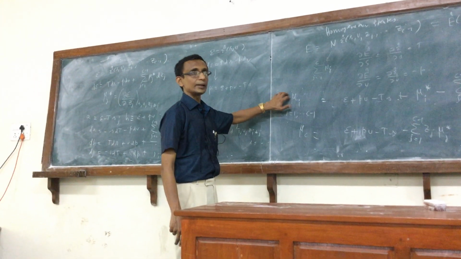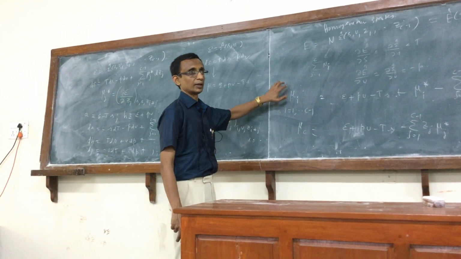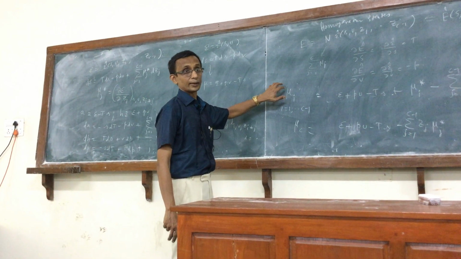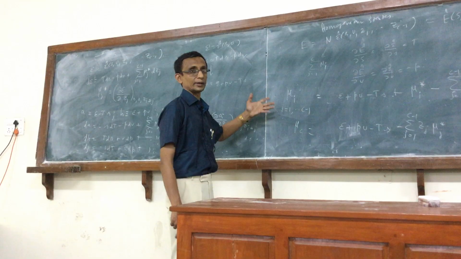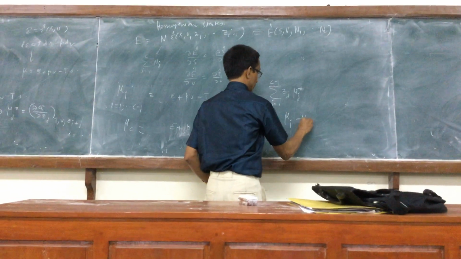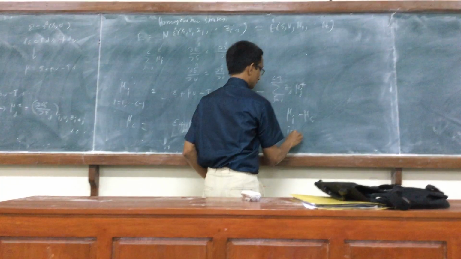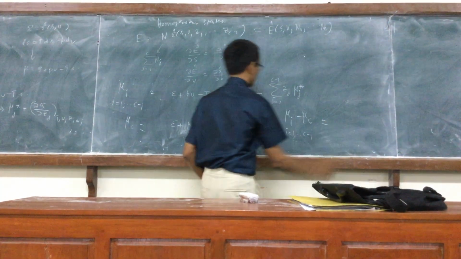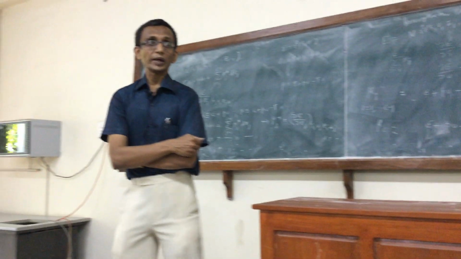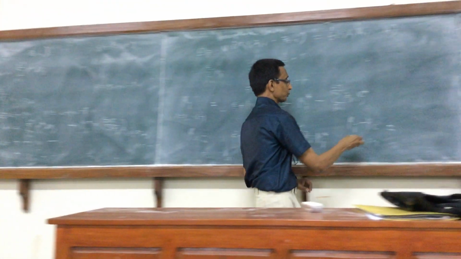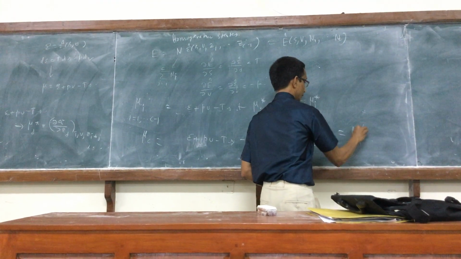So I can take any one of the C minus 1 chemical potentials. That's very important. If you take the C chemical potential minus mu C is 0. So mu i minus mu C, for i equal to 1 to C minus 1, is mu i star. So we now get an expression for mu i star.